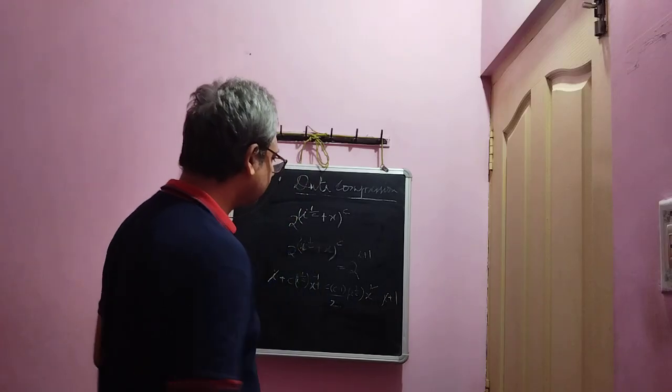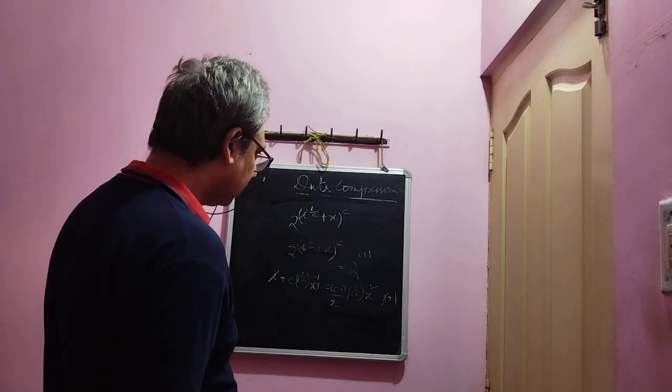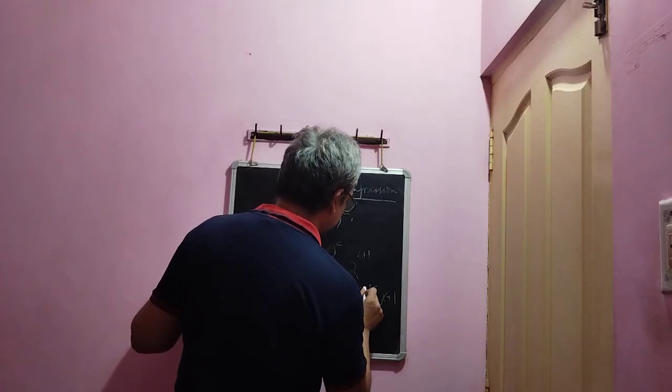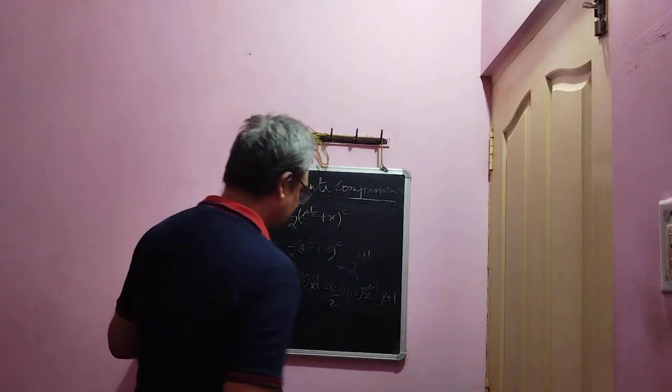You will get a quadratic equation in x, right? I power 1 by c whole power c minus 2 times so and so.